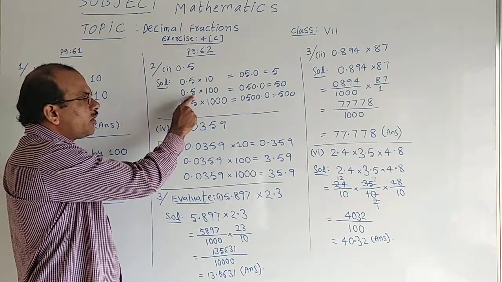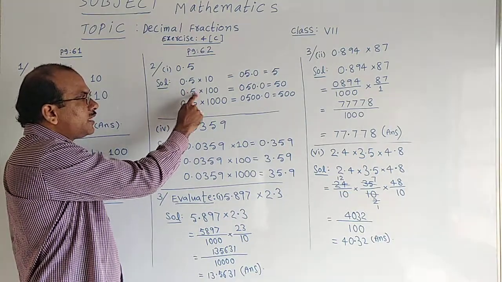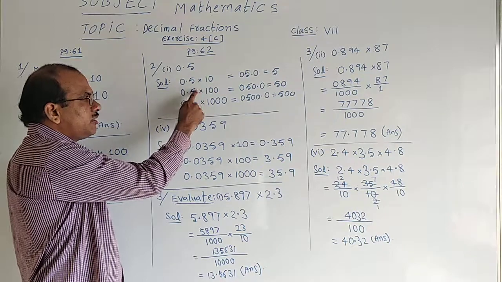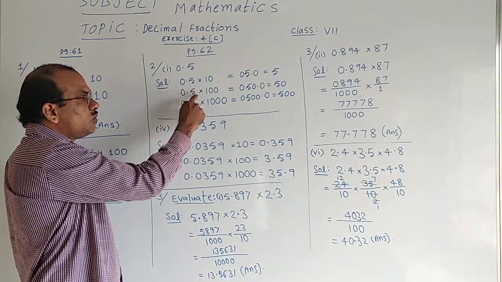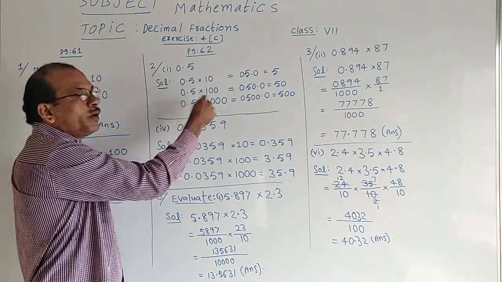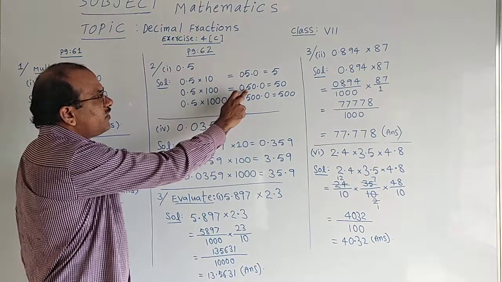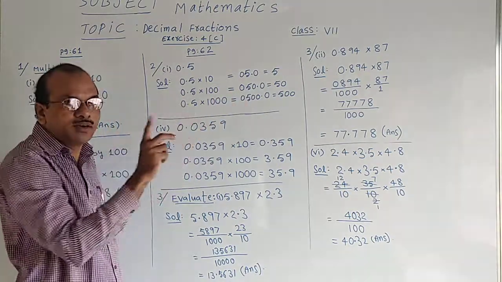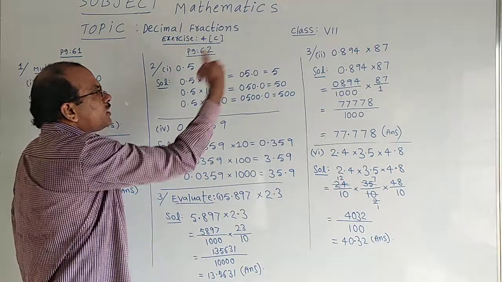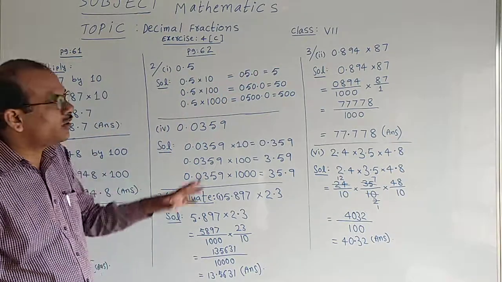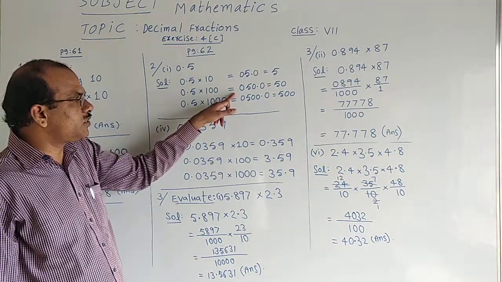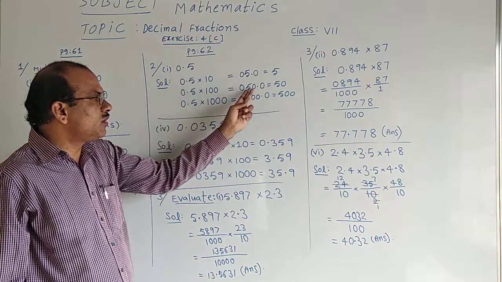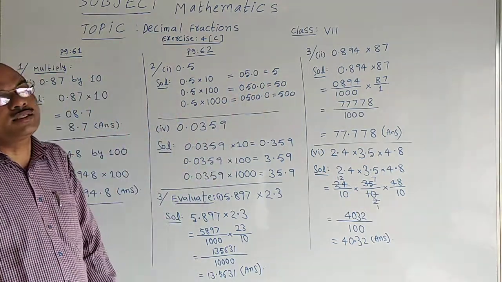But here only one digit, 5, is there. The other digit is not there to cross. That digit we think of as 0. After the 0 we should place the point. That's why 50 point we have placed. Now it is clear, I think so. After the point nothing is there, so 0. Again no value for the 0, no value for this 0. This 50, the middle one, what is there, that is written.